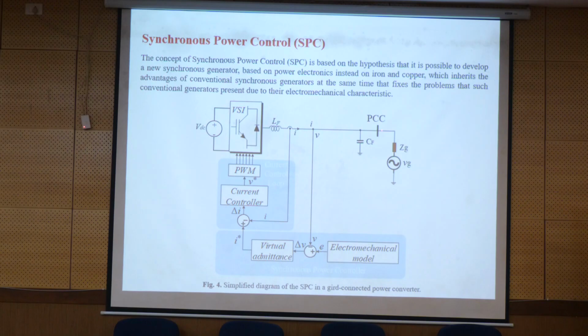So if I get here, okay, yes. This is the load. No, this is load. Load, yeah. This is a load voltage, okay? Voltage of point of common coupling, which is over the grid side or load side. Okay?